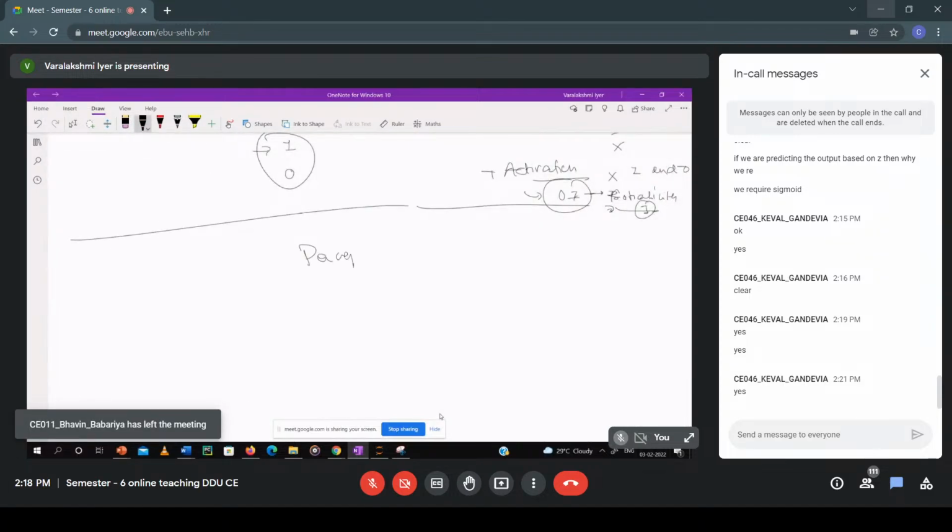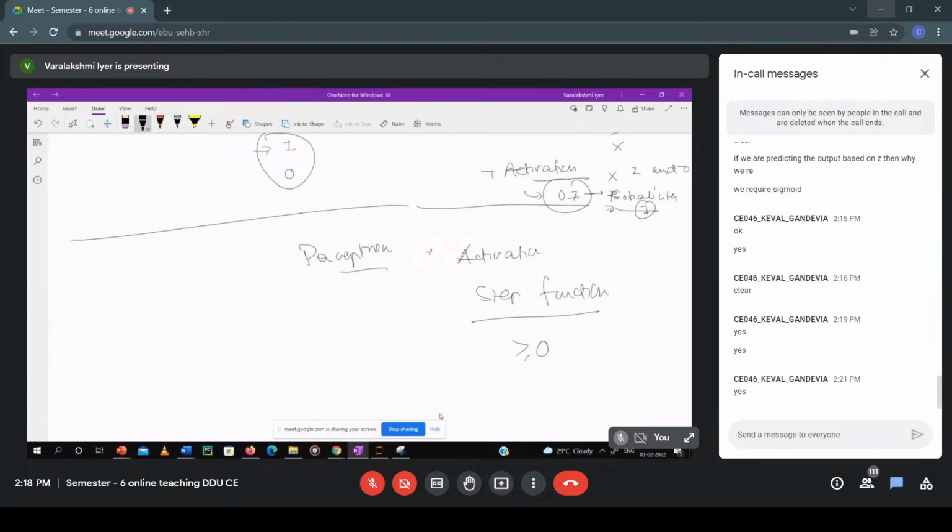In the perceptron, the step activation function that we are using gives a threshold value: if z is greater than or equal to 0, the output will be 1, and if z is less than 0, the output will be 0.